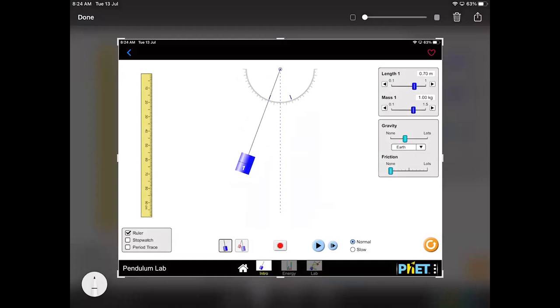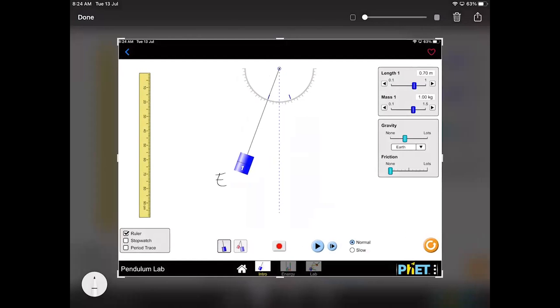If you think now, if it has potential energy here, and it's going to come down and get converted into kinetic energy, then it's going to carry on and get converted back to potential energy. At which point do you think it'll have the highest amount of kinetic energy? Most probably the center.